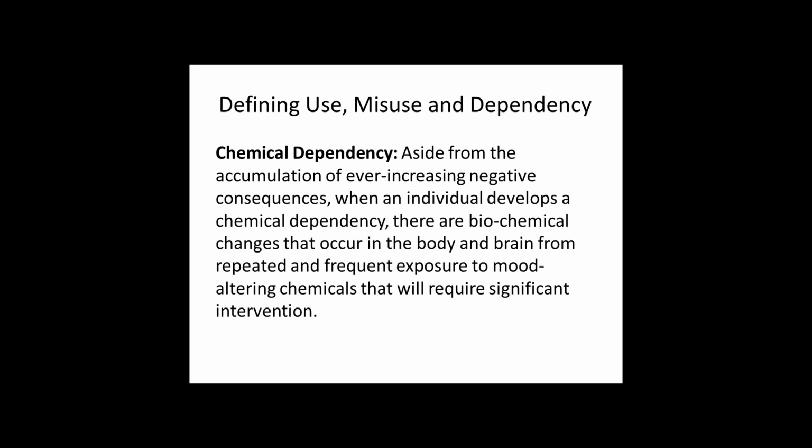Which brings us to chemical dependency. This is where the rubber meets the road as far as when significant intervention is needed: when someone moves from the area of misuse or mild or moderate substance use disorder and moves into the severe area, or the dependency area, of mood-altering chemical involvement.